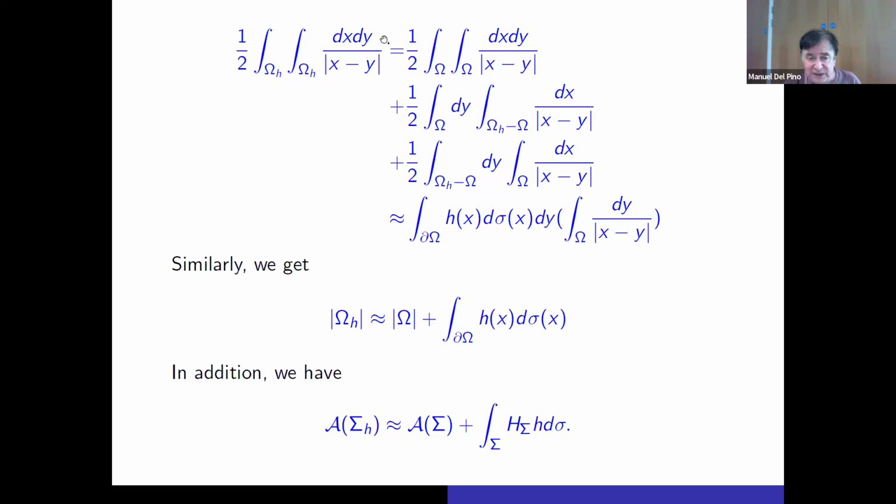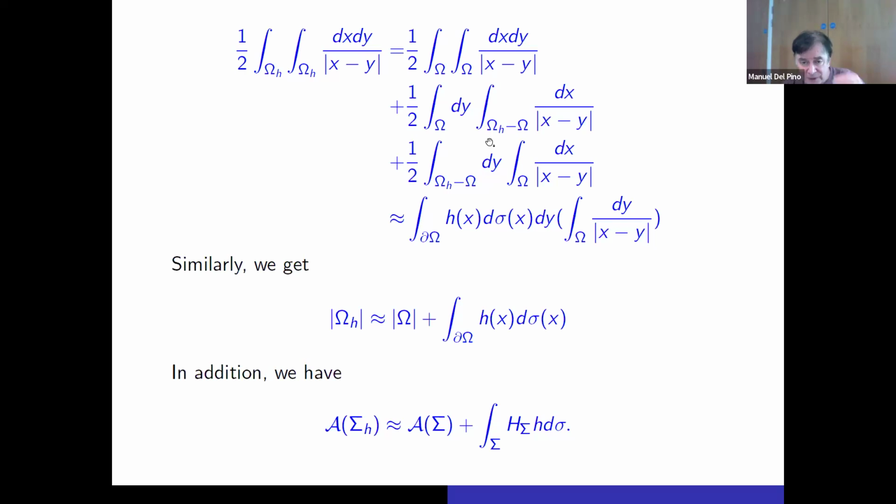Let me observe that the Coulombian energy can be decomposed in this form after just a trivial computation. You see that the Coulombian of omega h is equal to the Coulombian of omega plus these two quantities here.